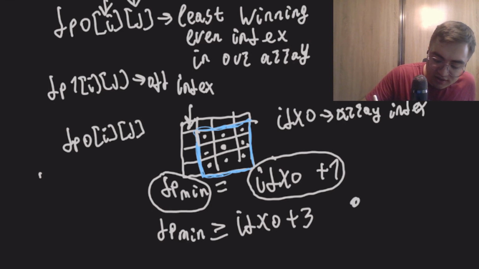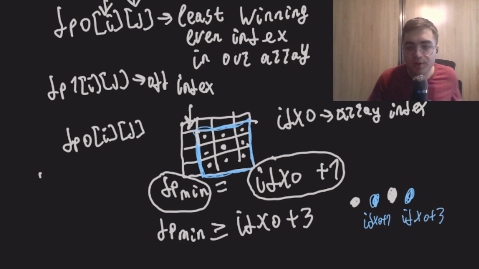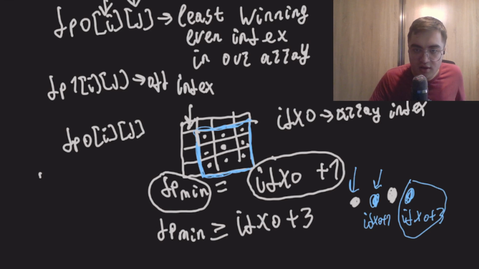If we are choosing, this is the opponent's reply, this is our reply, and this is the opponent's reply. Now this is idx 0 plus 1, and this is idx 0 plus 3. Now we know our opponent's reply to this that is winning is this, and it's the least possible index that the opponent will win. So we know that our opponent has no way to reply to us by the game rules, which is to choose the next number in the array that is a winning state for them.